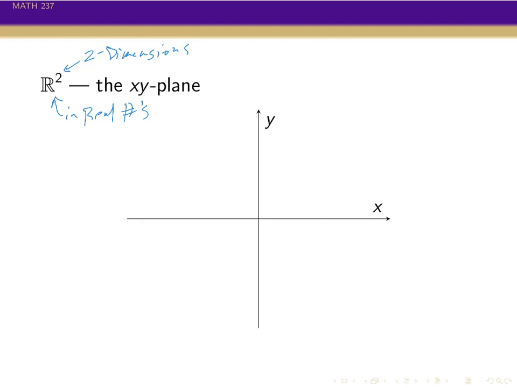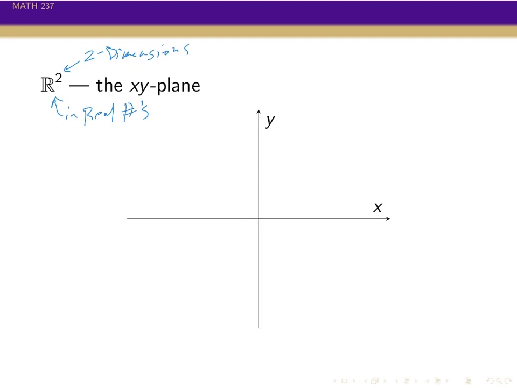And so really what we're talking about here is that points can be defined using 2 coordinates. Both of those coordinates are real numbers. Right? We're used to that being the coordinates x and y.